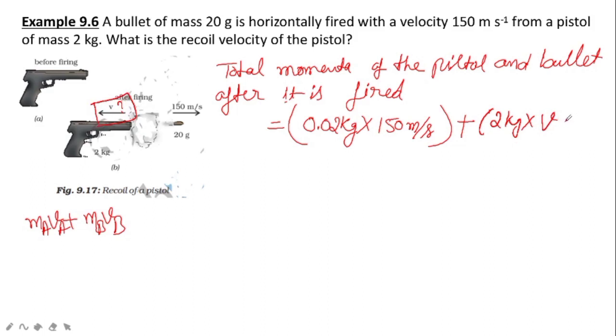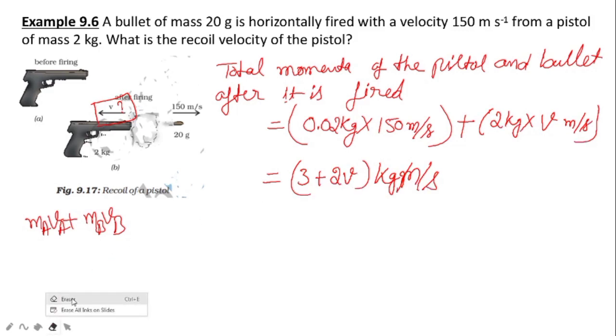Okay, so V meter per second. Now on simplification, what do we get? So on simplification we get 3 plus 2V kg meter per second, right?